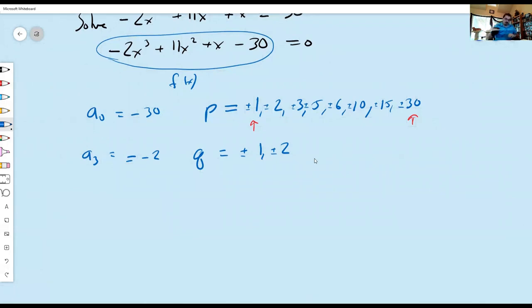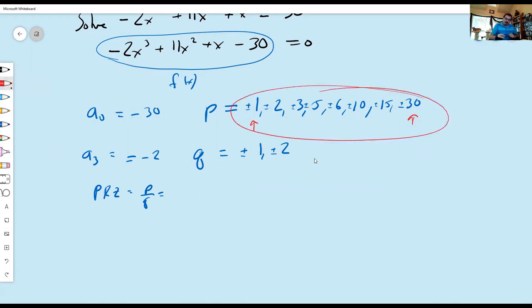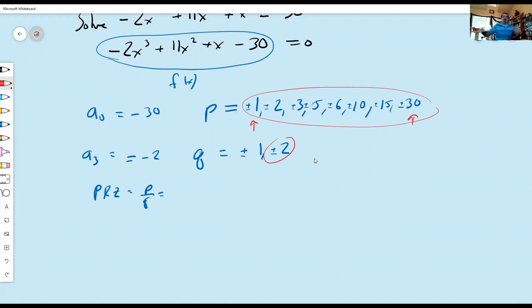All right, so P over Q, P R Z, we're going to divide every one of these by plus 1. And when we're done, we're going to divide every one of these by plus 2. And we're done with that. If I had more q's, I'd keep going until I ran out of q's. In this case, we have 2 sets of q's.